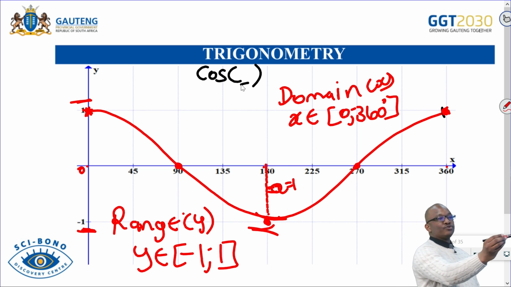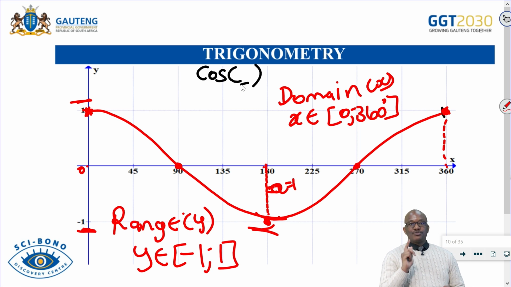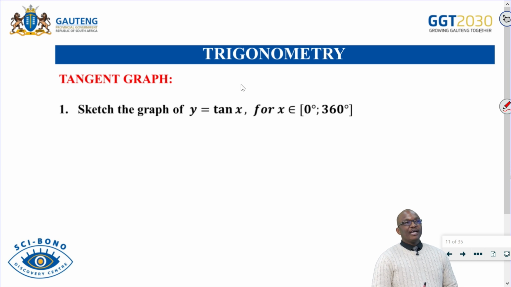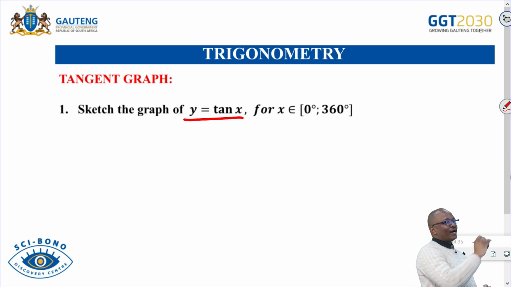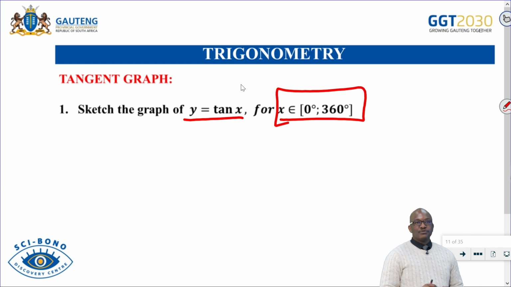And remember, amplitude you can also calculate as the distance from the midline to the turning point. Okay, so now looking at the graph of tan. We must sketch y is equal to tan x, for which x is an element of 0 to 360. How to get it?